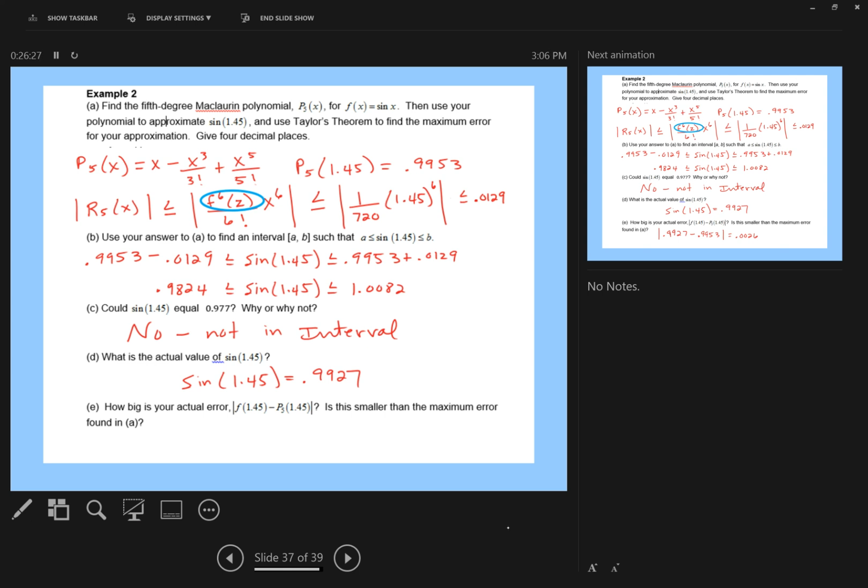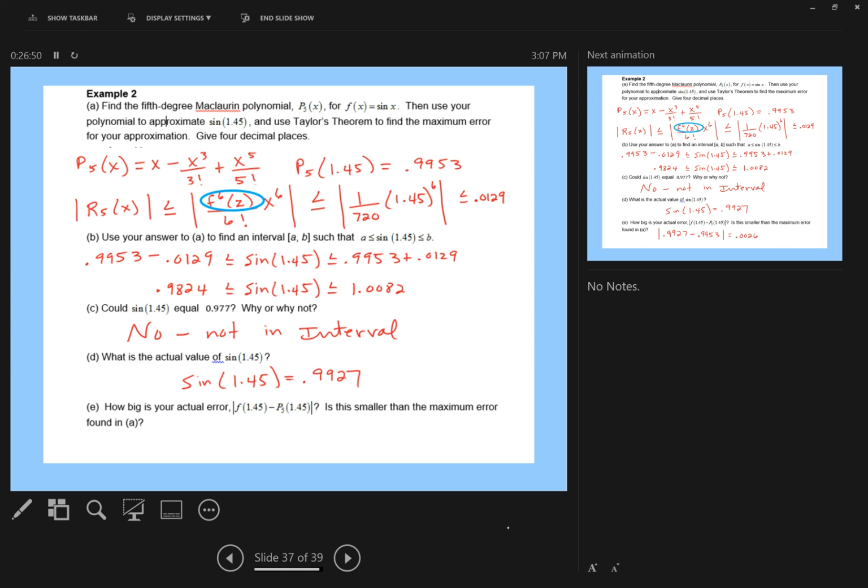So for part A, we found the error for our error? No. In part A, we found our error, we said our error is less than or equal to 0.0129. We didn't know exactly what the error was. We just knew that it was less than that. We weren't off by more than that. And now I'm saying, how much were we really off by?